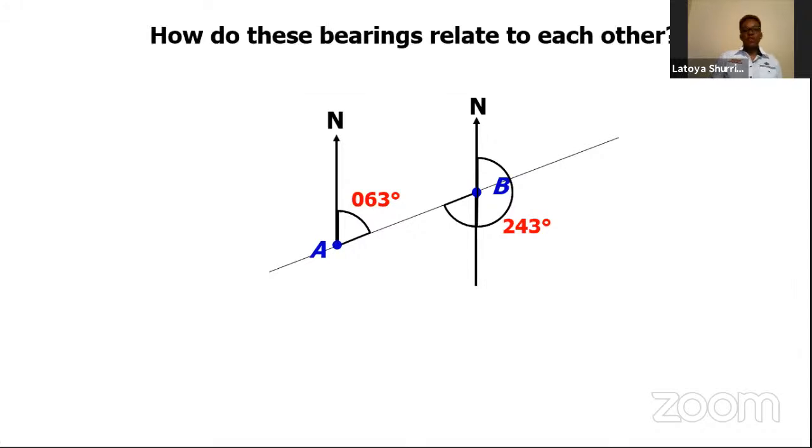Here's a question for you, and I need you to type the answers in the chat. My friends over YouTube, I'm looking for your response as well. How do these bearings relate to each other? How does the bearing from A to B and the bearing from B to A relate to each other?